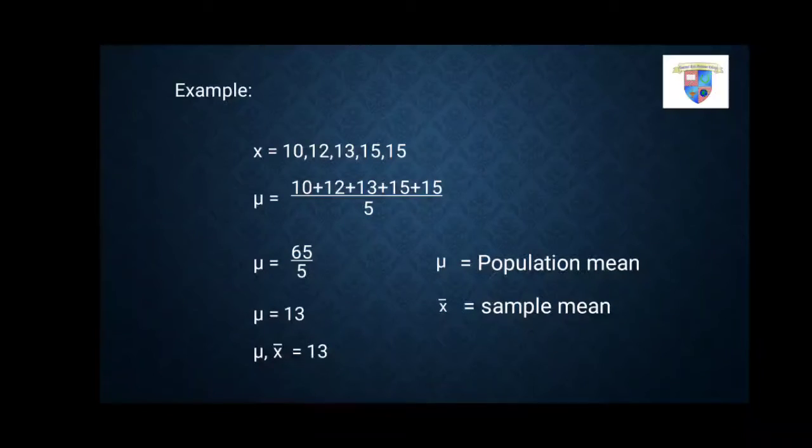So there are 5. So the answer is 65 over 5, and our population mean is 30. Take note that mu and x bar have the same solution to get. That is why our population mean and sample mean are the same.